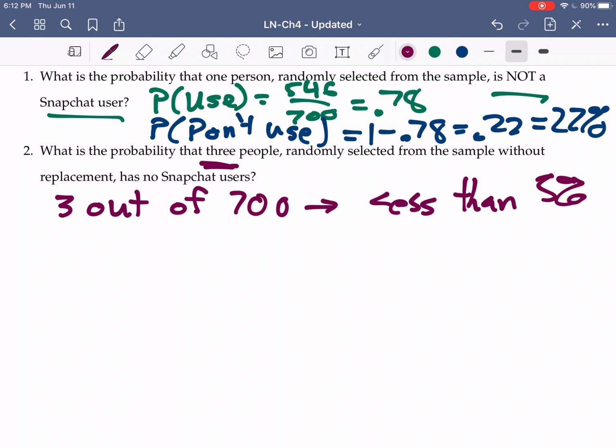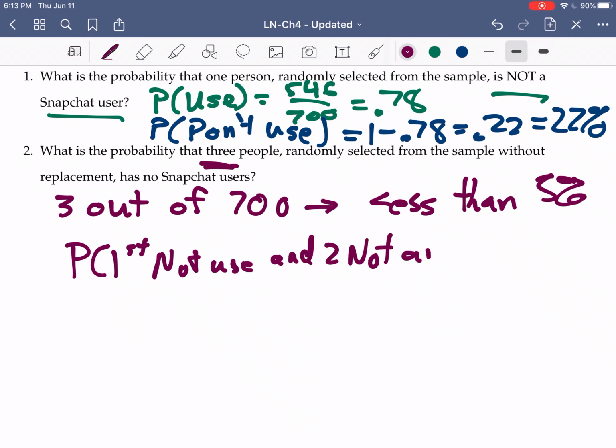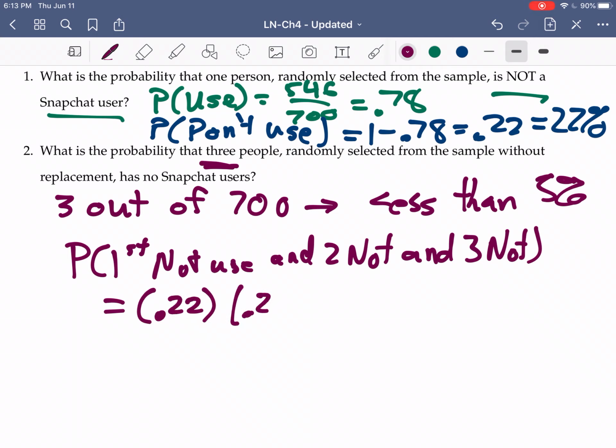And so we can say the probability that the first does not use and the second doesn't use and the third does not use is equal to the probability that each one of them individually does not use. So the first one has a probability that they don't use of 0.22. Second one, we're going to use 0.22.